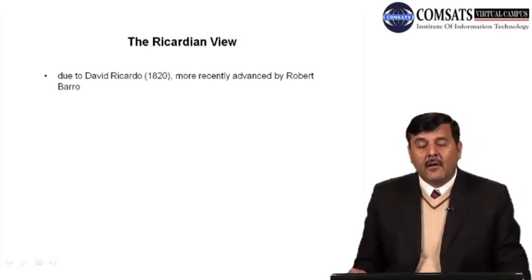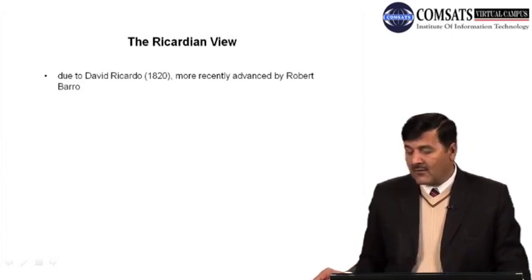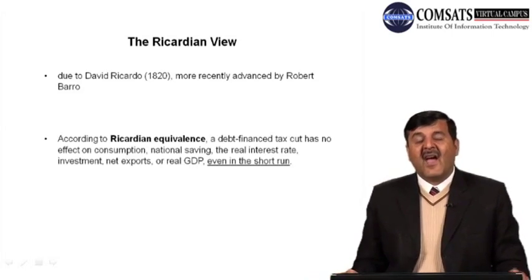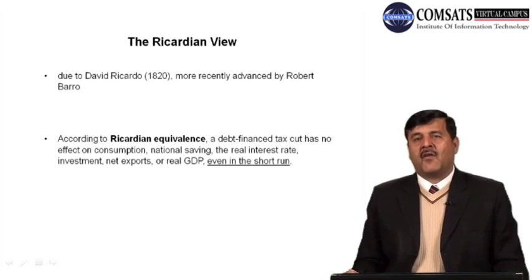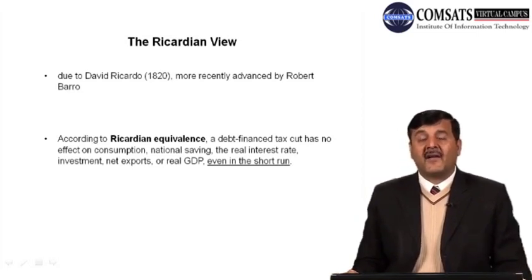Due to David Ricardo in 1820, more recently advanced by Robert Barro, according to the Ricardian Equivalence theory, a debt-financed tax cut, if you want to finance debt by cutting taxes, has no effect on consumption, national savings, the interest rate, investment, net exports, or real GDP, even in the short run.